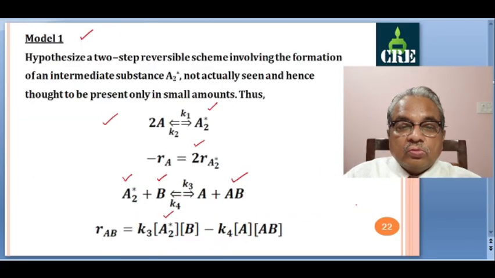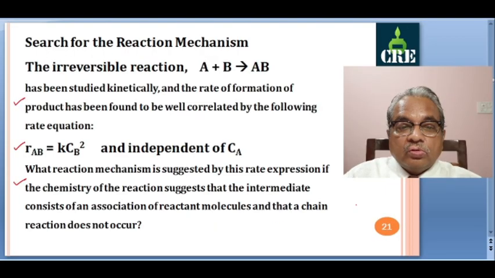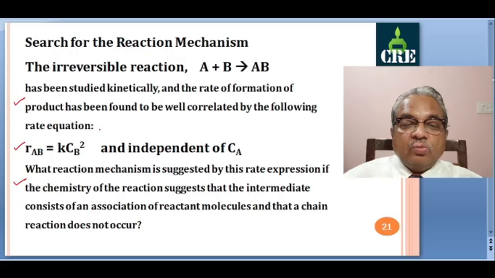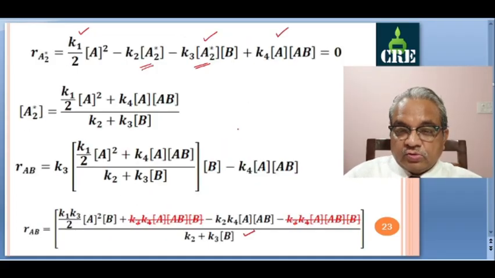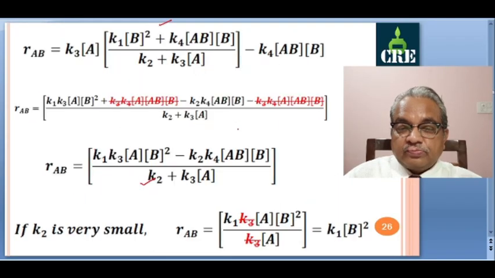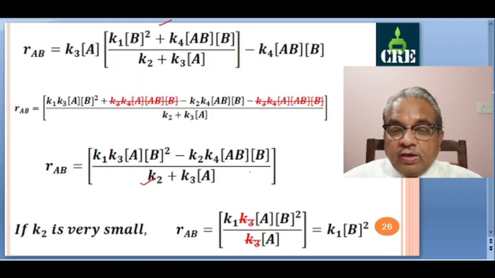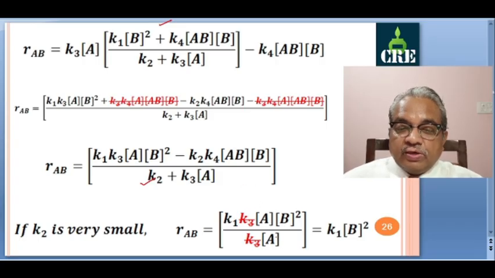K into concentration of B square, independent of concentration of A. So we should not get the A term. This A is there in the numerator as well as the denominator, it cancels out. So you get K1 B square.